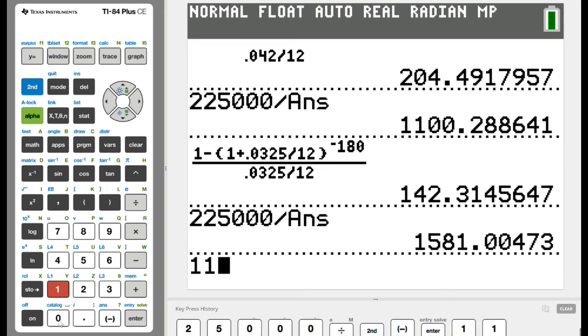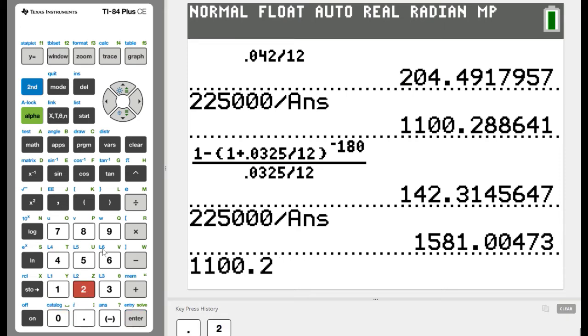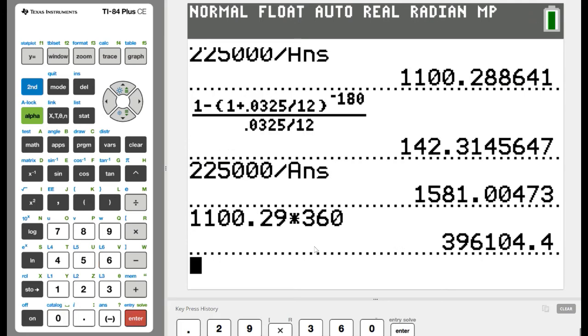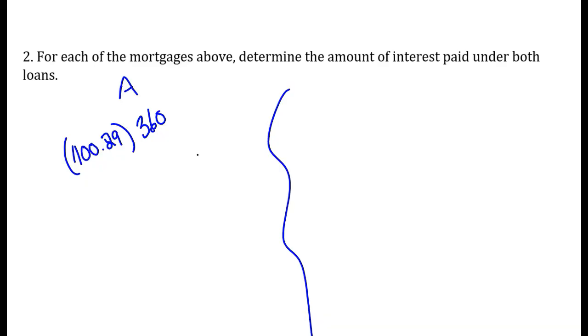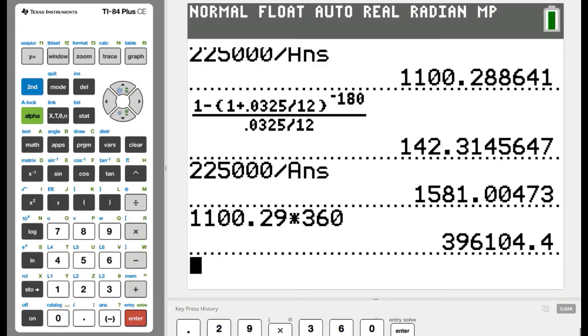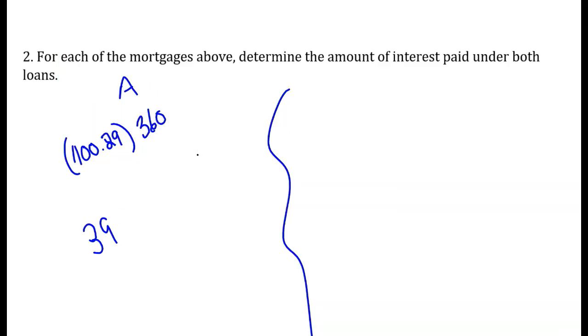Well, I'm paying $1,100.29 times 360. So $396,104.40. Over the life of the loan, I'll give the bank $396,104, and can't forget those 40 cents. That's how much money I'll give the bank.